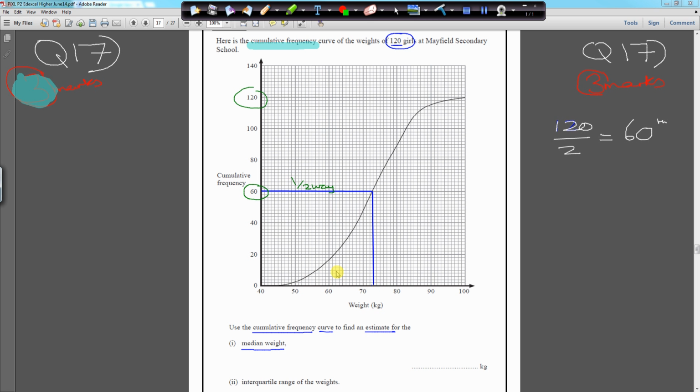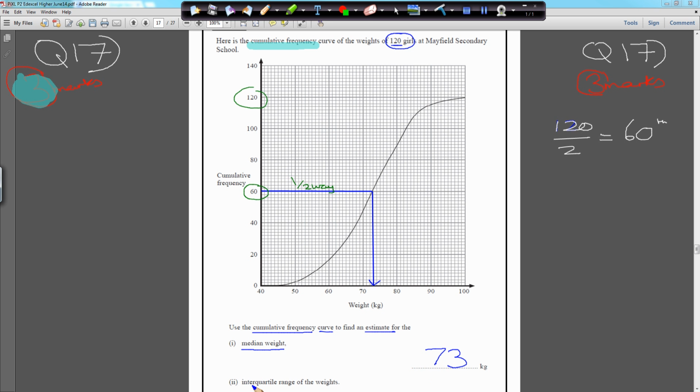Now let's have a look. Between 40 and 50 we have 10 little squares, each square is 1 value, so 70 is going across by 3 squares. So the median weight is nice and straightforward, 73. Nice, easy mark there.